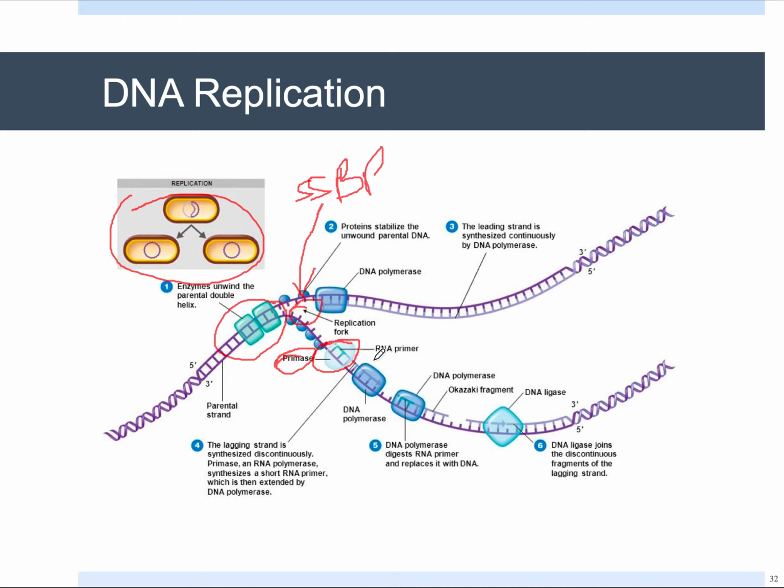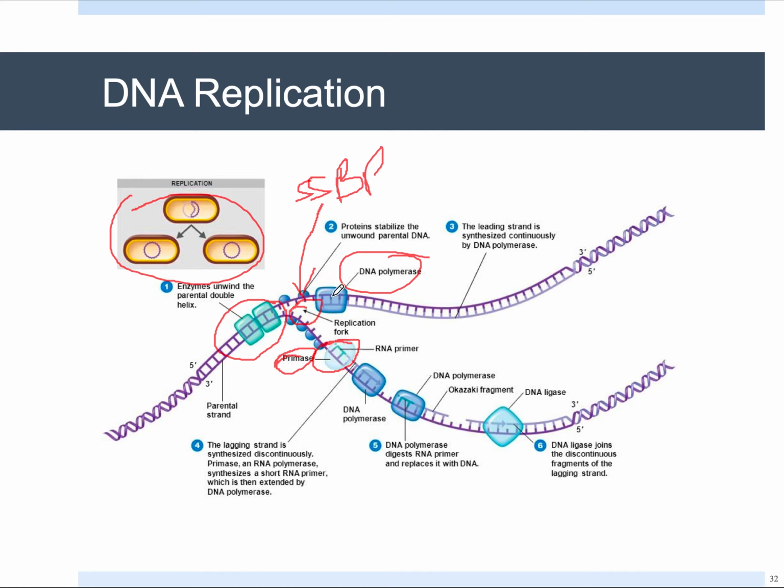It's only when an RNA primer is present that DNA polymerase can attach to the template strand, that is the parent strand, and synthesize a new strand. Okay, so polymerase then will attach and then synthesize a new strand. Remember, polymerase only synthesizes in a 5' to 3' direction.